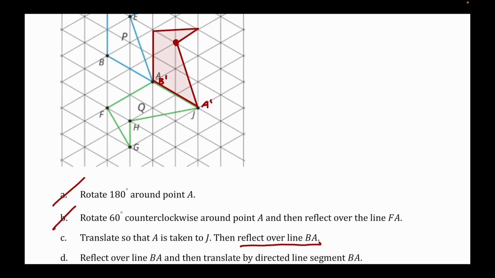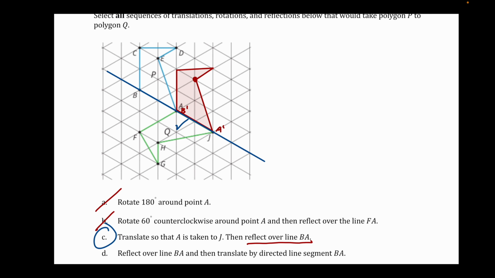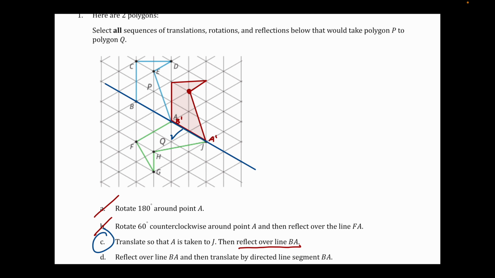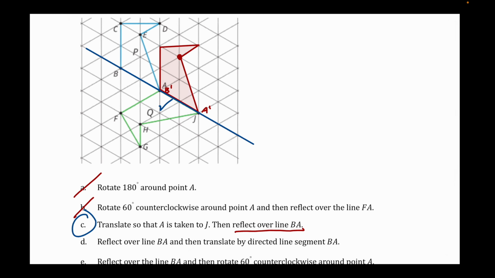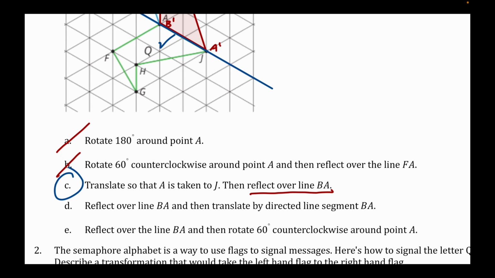And yeah, if we're reflecting across this line, essentially, that is going to fold our shape over onto polygon Q. So yes, our combination of transformations here is what's going to work for this. But it says all, so we still have to check D and E because D and E may also work to take this polygon P onto polygon Q.